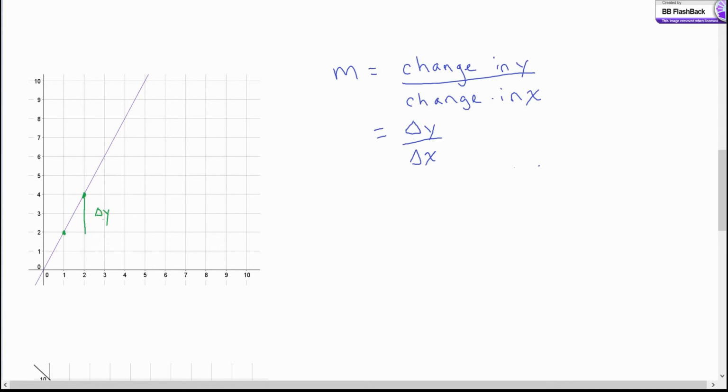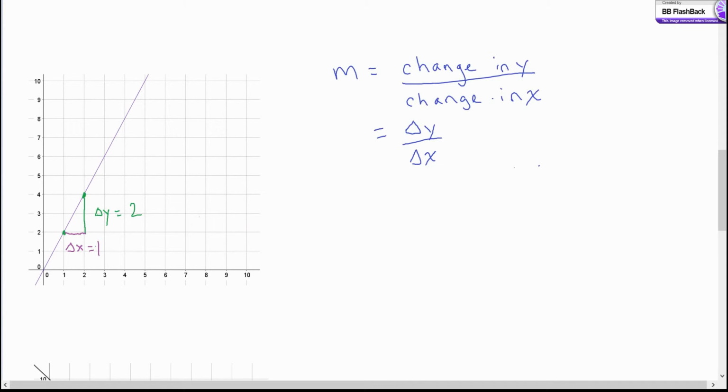How much did that change by? It's going up 2, positive 2. And the change in x values. The x value is increasing by 1. Positive 1.